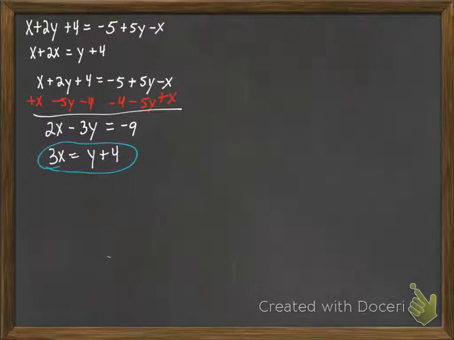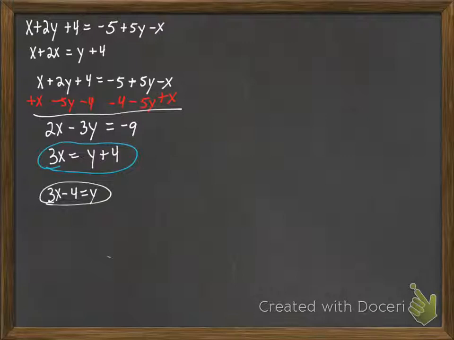All I'd have to do is subtract the 4 from both sides, and now I'd have y by itself. So I would begin my substitution method by solving that equation for y, and I would get 3x minus 4 is equal to y. So we've solved one of the equations for one of the variables, and that's the first step in the substitution method.